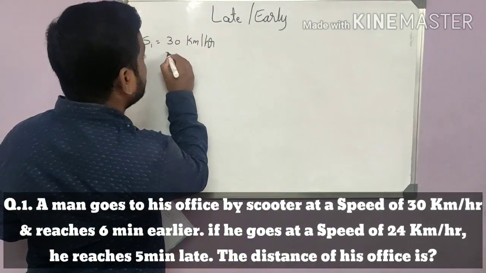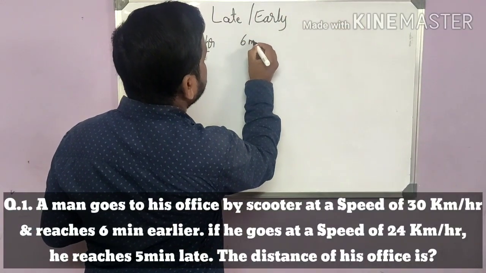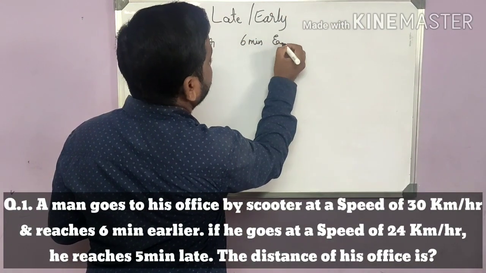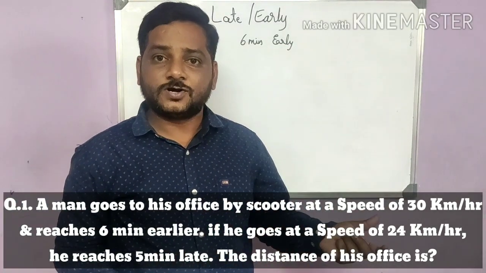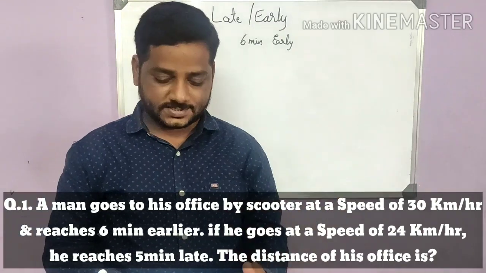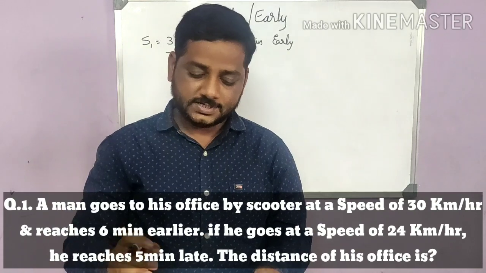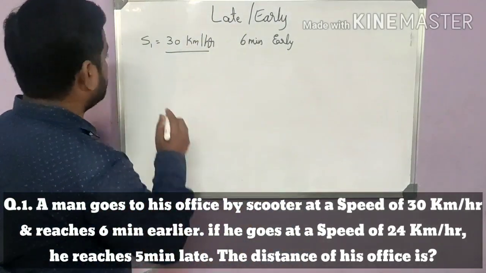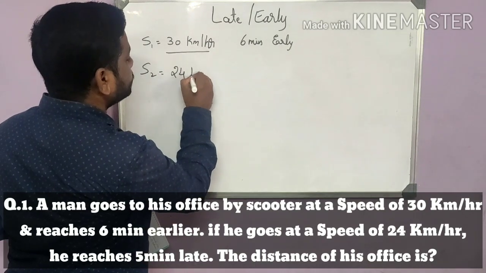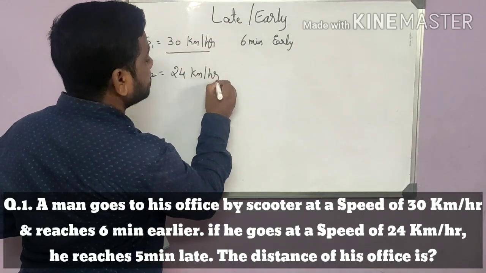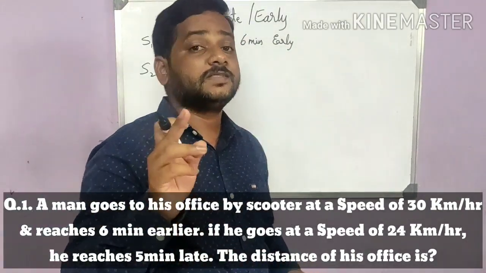We don't know exactly what time he reaches, but he reaches 6 minutes early. If he goes at a speed of 24 km per hour, the second speed, he reaches 5 minutes late.